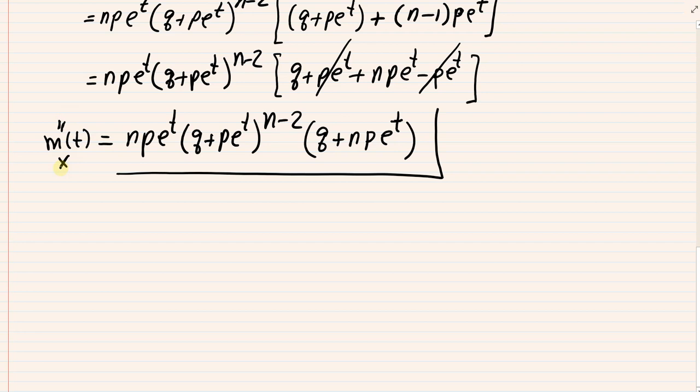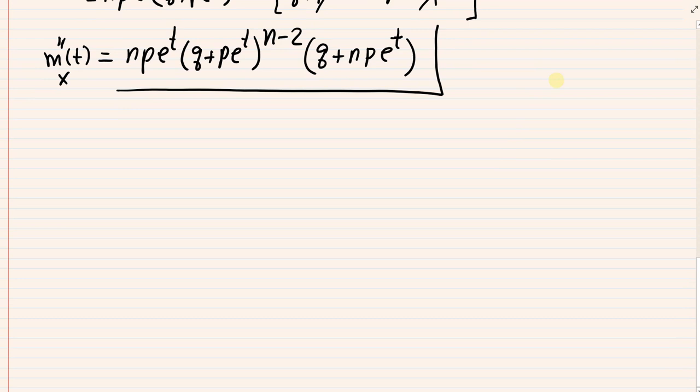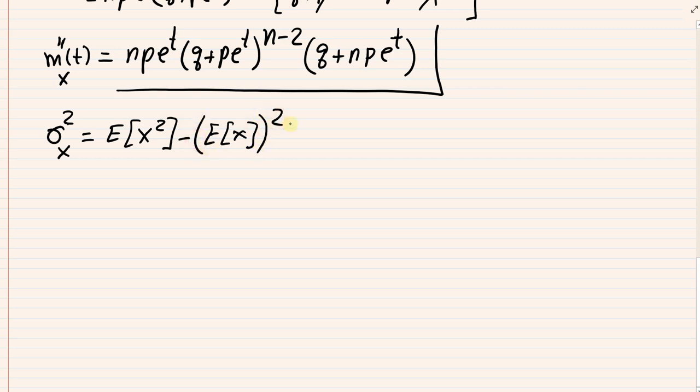Now we can actually find the variance. Now, if you recall, the variance of the random variable x, let me write it this way. Sigma squared of random variable x is defined by expected value of x squared minus expected value of x quantity squared, which the latter one we usually write as mu symbolically.